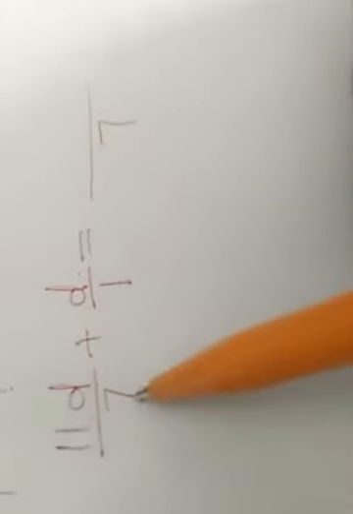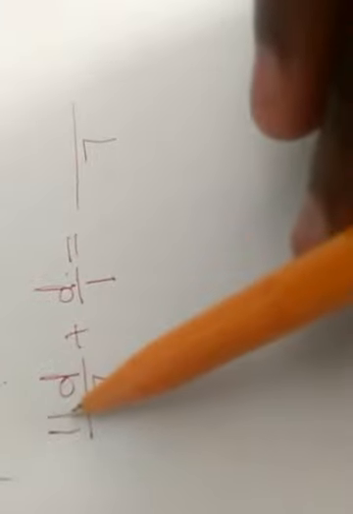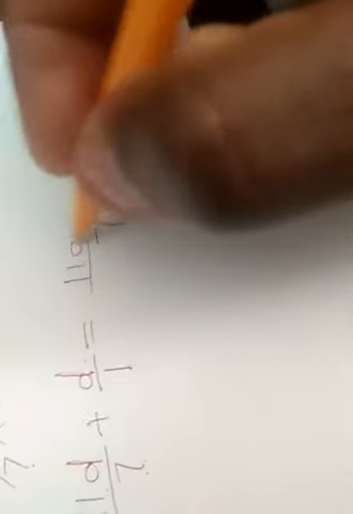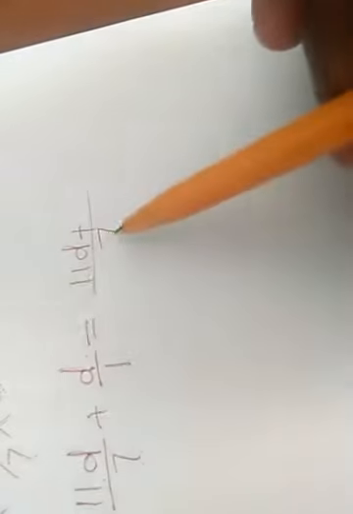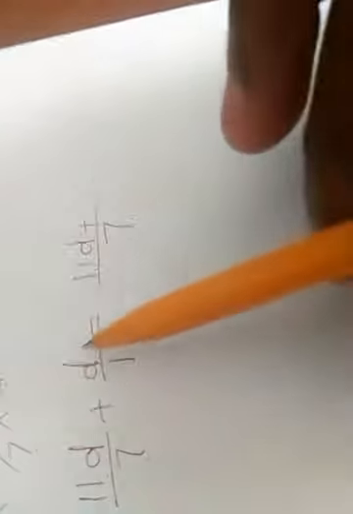So 7 goes into 7 one time, and 1 times 11d is 11d. You write 11d plus, 1 goes into 7 seven times, times d, which is 7d.